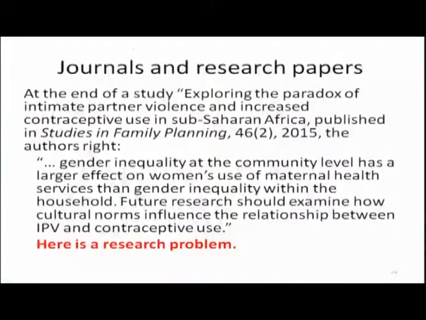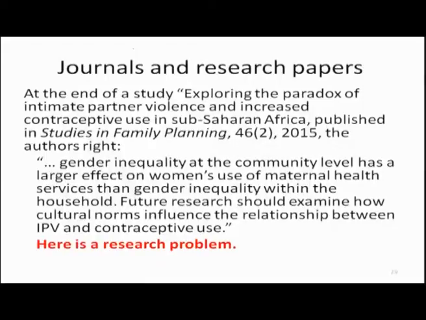the academic community. To give you an example of how journals suggest a research problem, in Studies in Family Planning, in a study exploring the paradox of intimate partner violence and increased contraceptive use in sub-Saharan Africa, the authors write, toward the end of the study, to quote, "Gender inequality at the community level has a larger effect on women's use of maternal health services than gender inequality within the household."